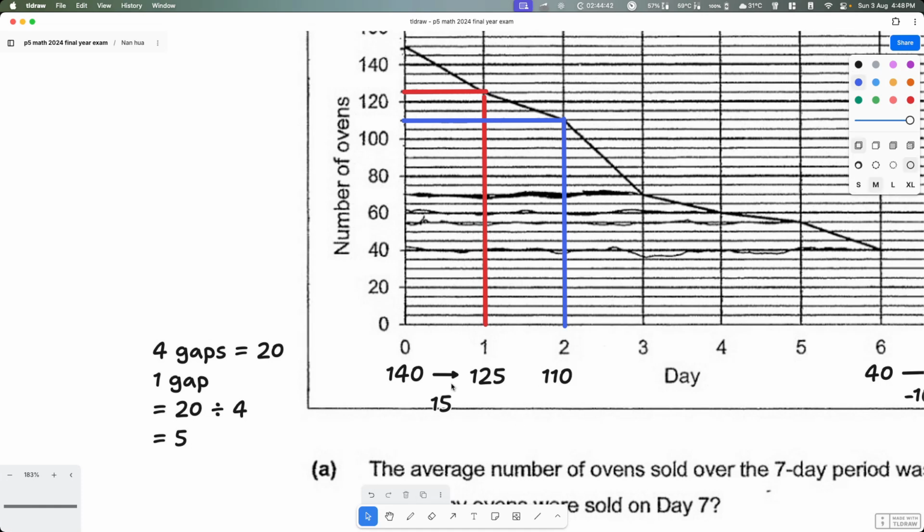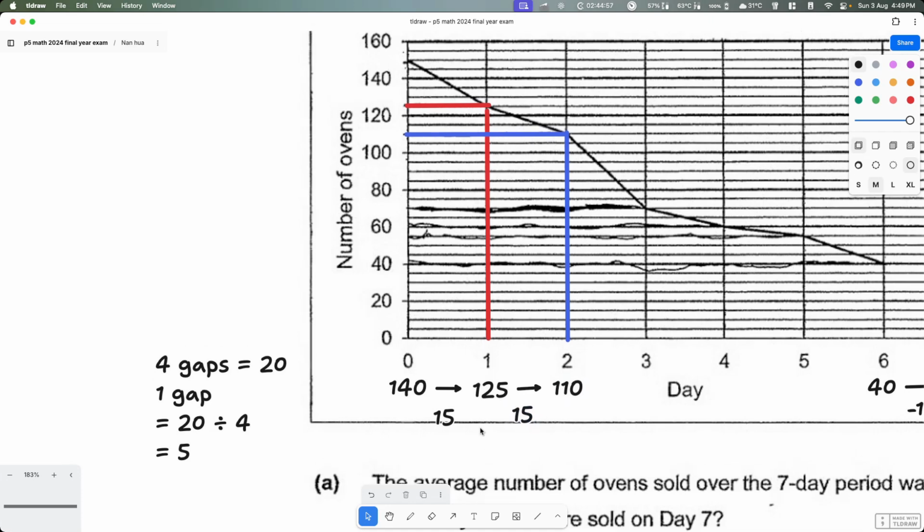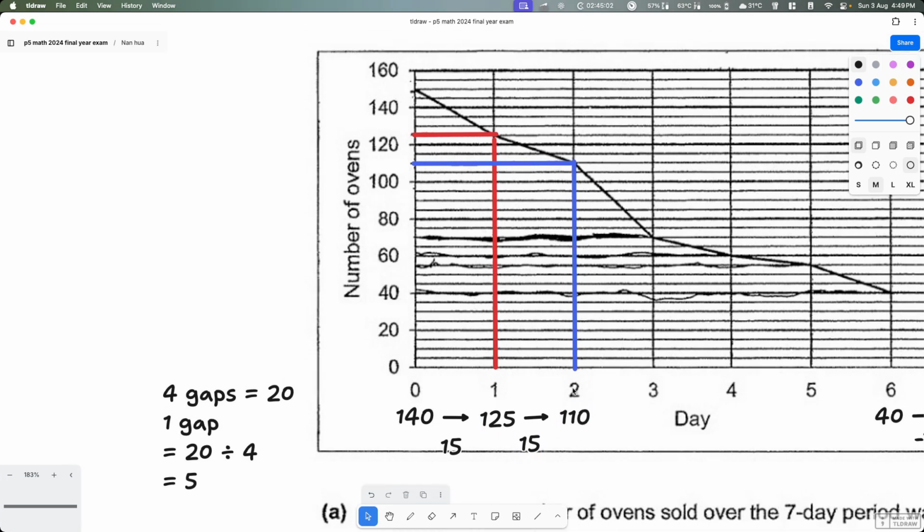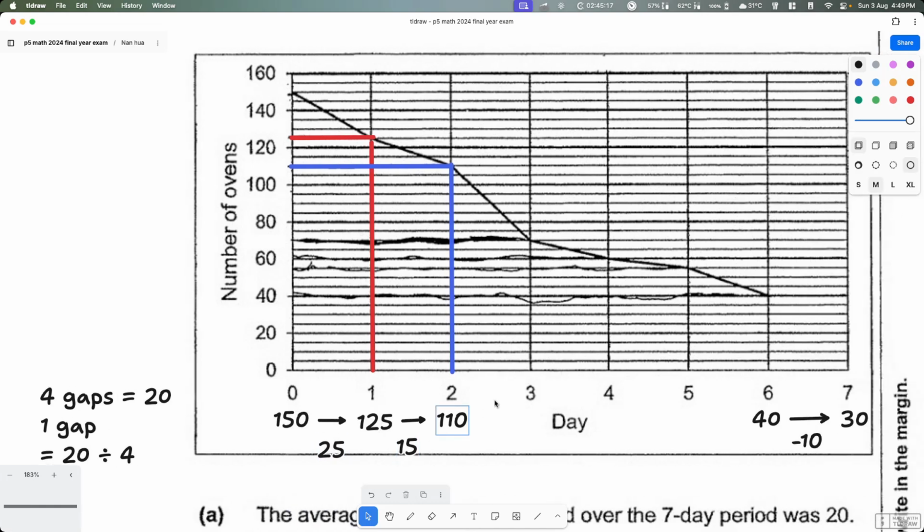So this will be 125 to 110. Yes, we also have 15. Let me double confirm. 110, 120, yes. 125 to 110. Oh, the start is not 150. That's why I was concerned about why the lines are the same. So this is 125, and the difference is 15.